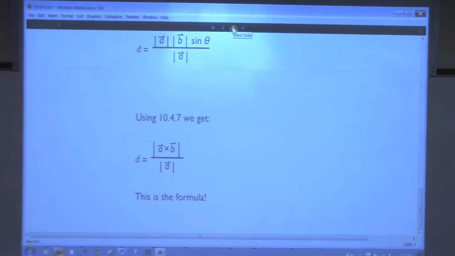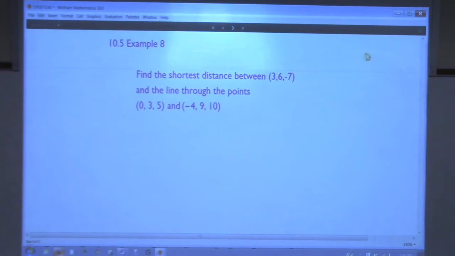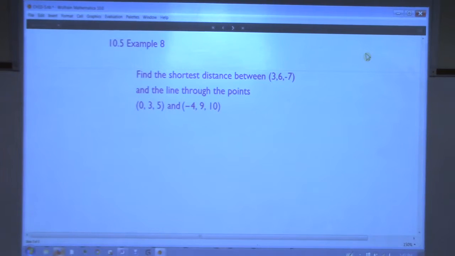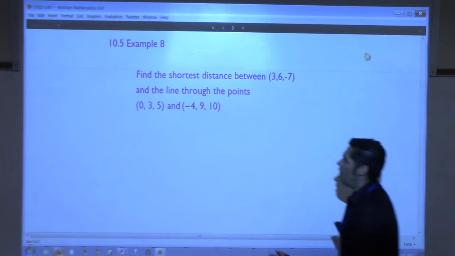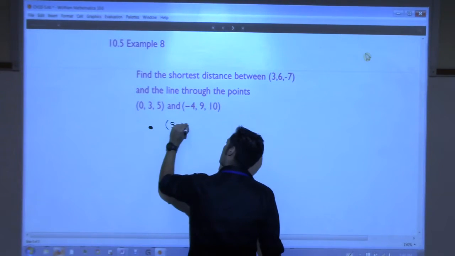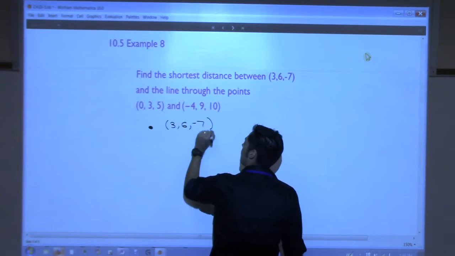This is the formula. Find the shortest distance between the point 3, 6, negative 7 and the line that goes through the points... So I have a point sitting out here in space, the point 3, 6, negative 7.